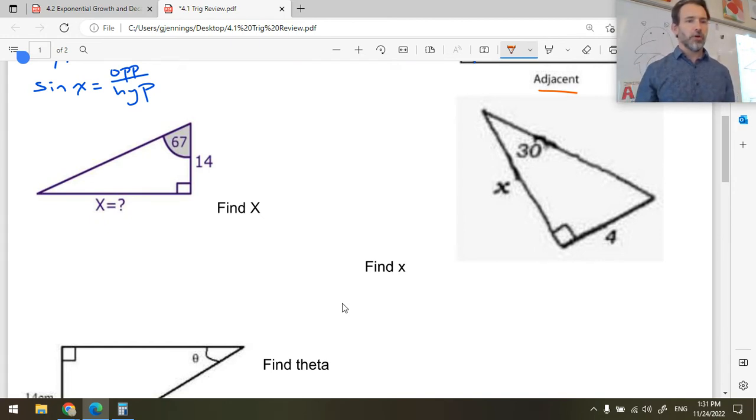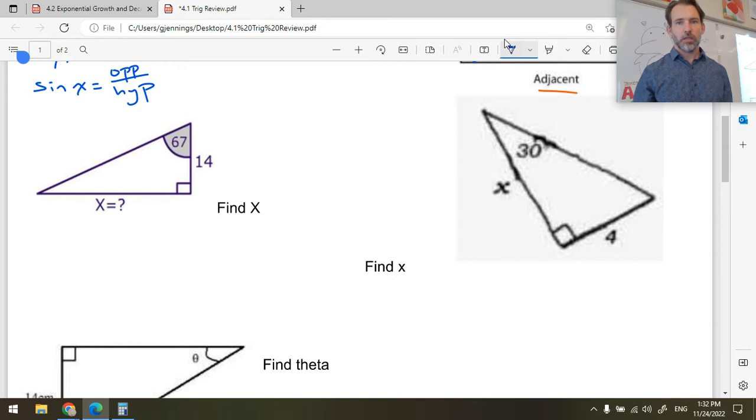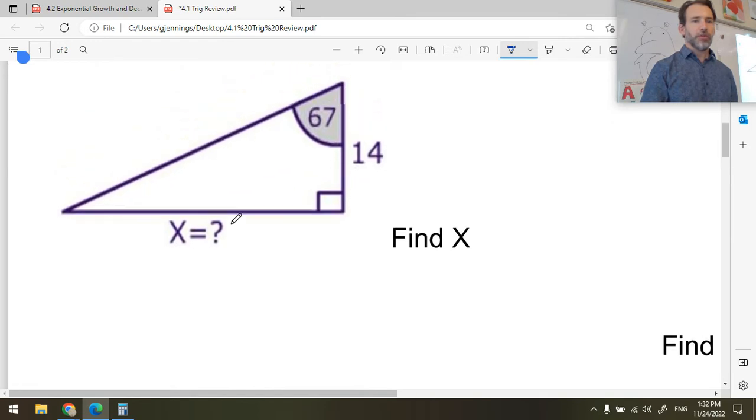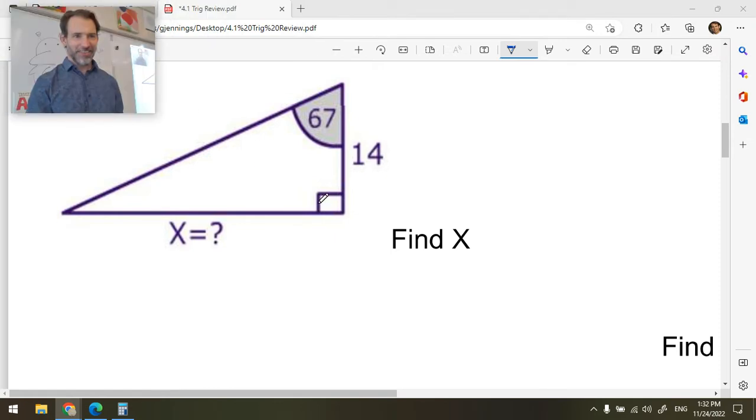How will I solve for x? Find x. How do I do it? In order to find x, I need to identify what trigonometric ratio is going to help me find x in that case. How do I know? Okay. So here is my angle of interest. Someone is telling me tangent.